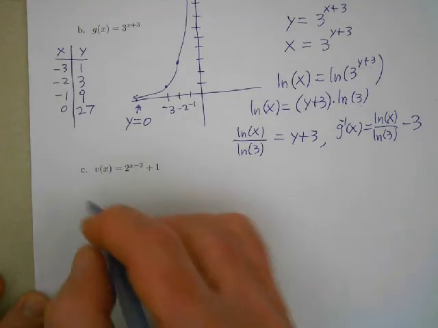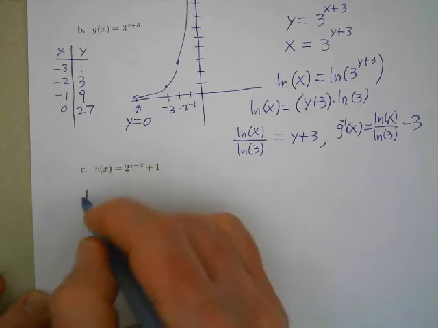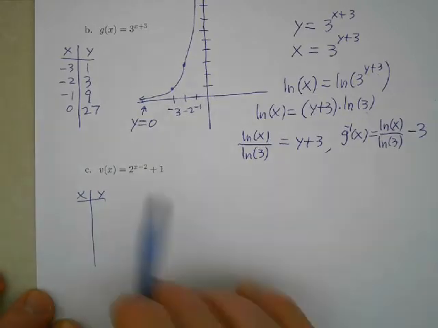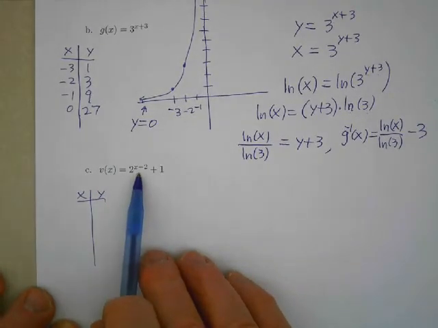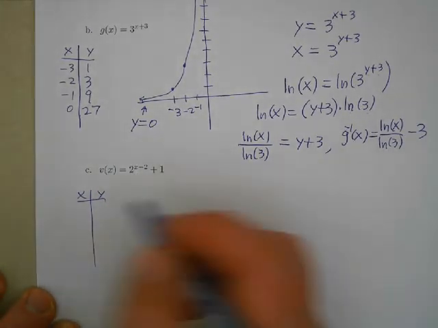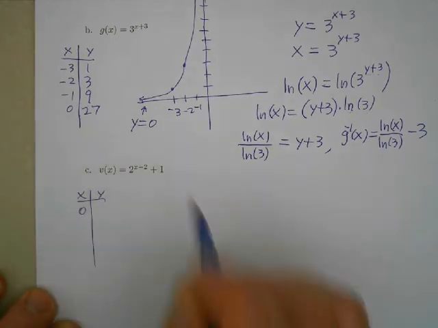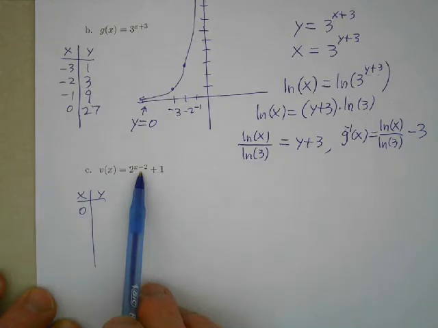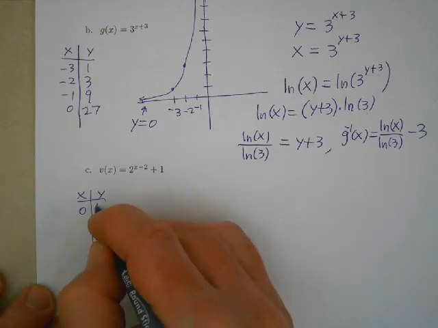But let's find a few x and y coordinates. So if we pick, say, x to be 0, then we get 2 to the negative 2, which is 1 over 2 to the positive 2, or 1/4, and 1/4 plus 1 is 5/4.